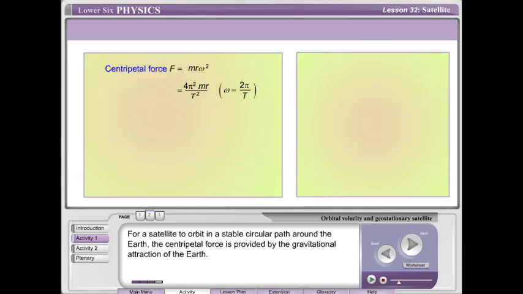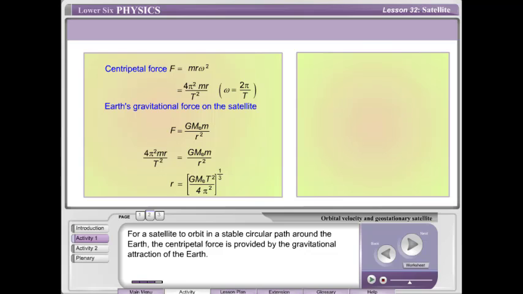Since omega equals 2 pi over T, F equals 4 pi squared m r over T squared. Earth's gravitational force on the satellite F equals G Me m over r squared, which implies 4 pi squared m r over T squared equals G Me m over r squared, which implies r equals (G Me T squared over 4 pi squared) to the power 1 over 3.